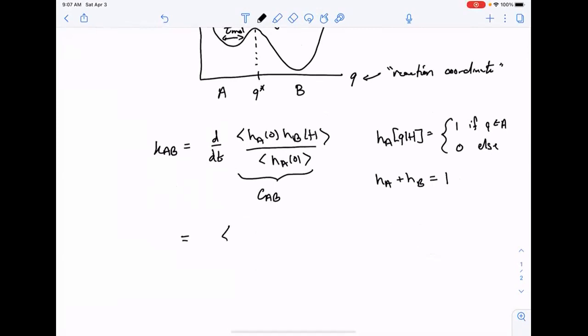was to look not at the joint probability or the conditional probability of being in B at a time t later, but rather by inserting that derivative and acting on those correlation functions, we could rewrite this as a different conditioning.